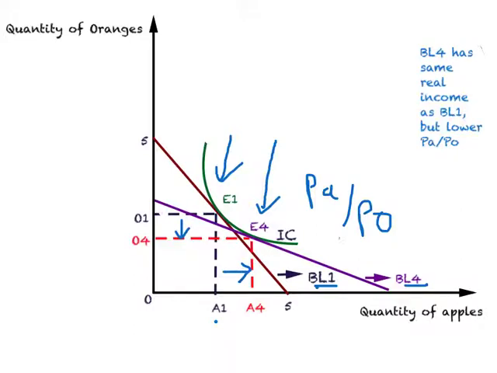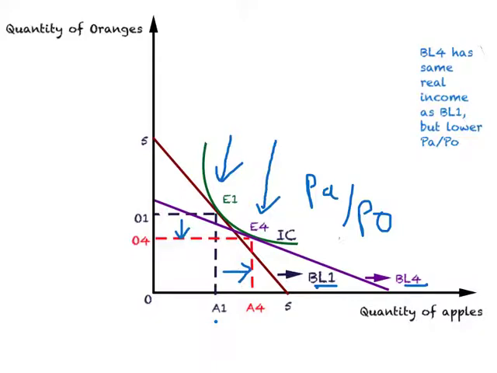So when you compare these types of equilibrium points where we have same real income but different price ratio, one thing you must remember is the following. Whichever good becomes relatively cheaper, we are going to buy more of it, and whatever becomes relatively more expensive, we are going to buy less of it. And this is called the substitution effect.